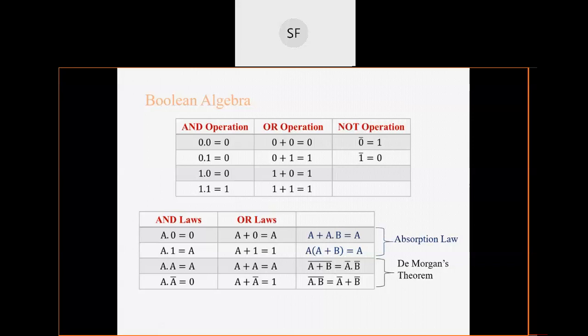Otherwise, the output will be 0. This is the AND operation. Now here you can observe 0 and 0 will be 0, 0 and 1 will be 0, 1 and 0 will be 0. But for 1 and 1, when both inputs are 1, then the output will be 1.